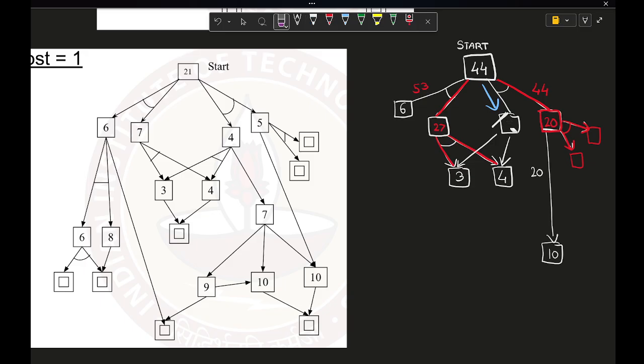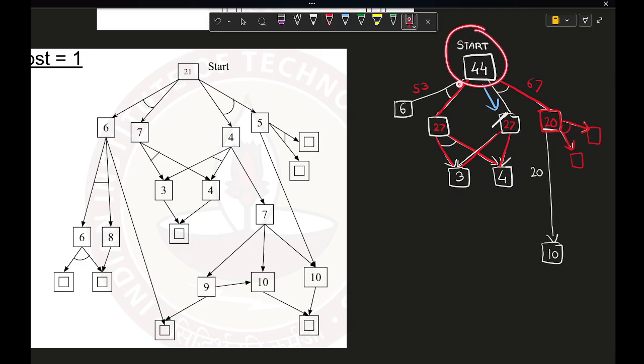So this cost should update to 27, and it leads to these 2. Okay, and now the new cost becomes 27 plus 20, that is 47, plus 20, 67. So the new cost of the right hand side becomes 67, and we are back to the start node.